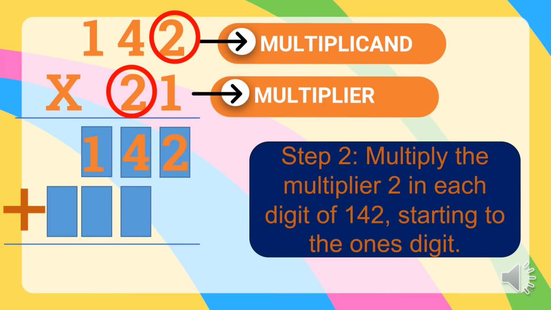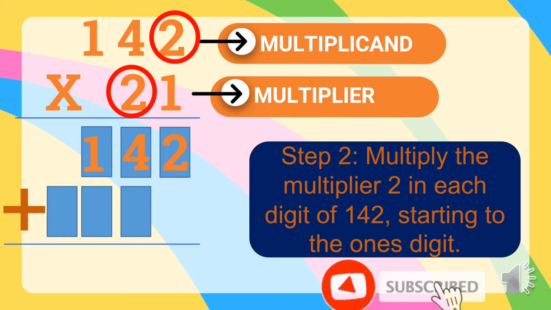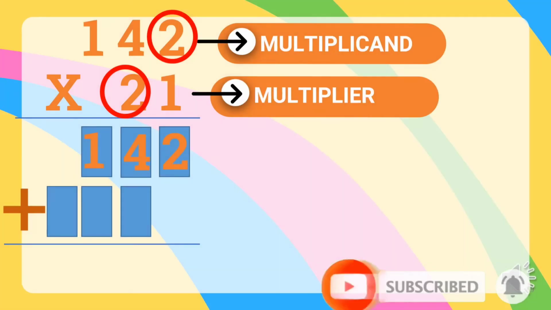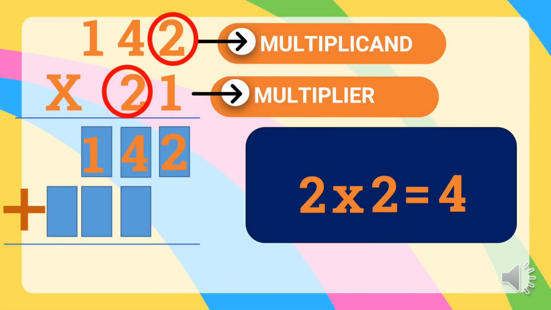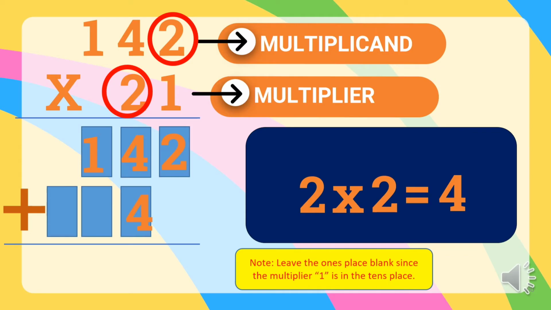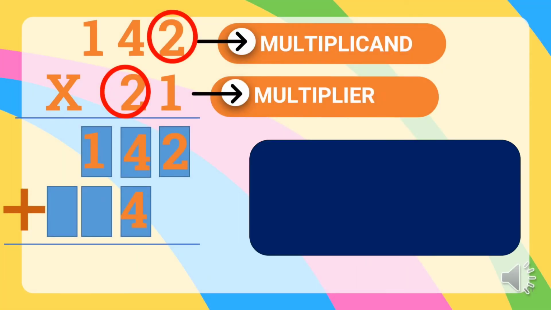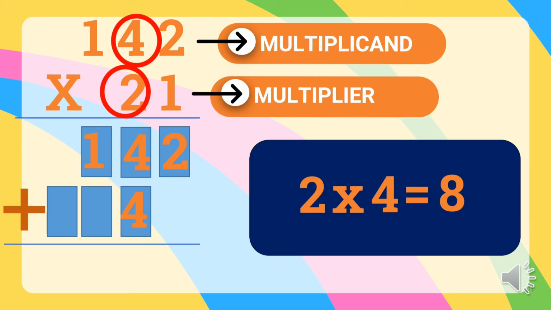Next is step 2. Multiply the multiplier 2 by each digit of 142, starting with the ones digit. 2 times 2 is equal to 4. Next is 2 multiplied by 4 is equal to 8.